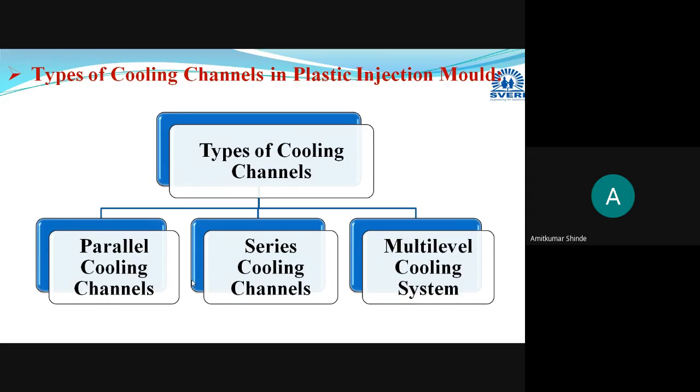Generally, for cooling of the plastic injection mold, three types of cooling channels are there: parallel cooling channel, series cooling channel, and multi-level cooling channel or cooling system. This multi-level is just the combination of these two. You may use it in combination, or depending on the cavity size, you are going to choose it.